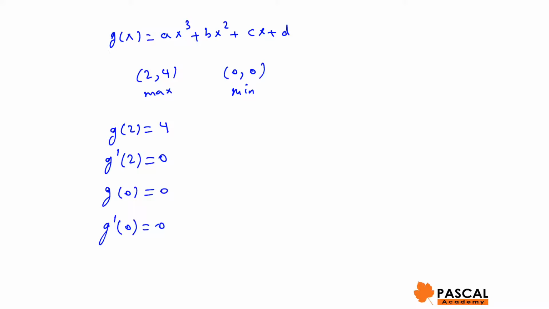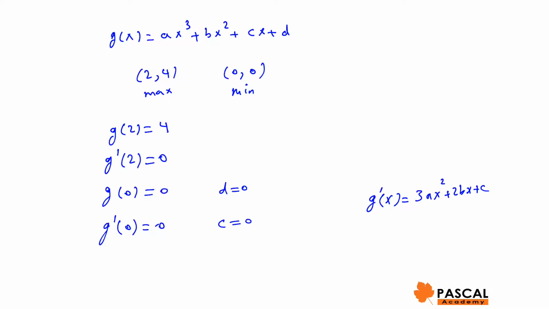From the last two equations, we get c and d equal to 0. The derivative of the function is 3ax2 plus 2bx plus c. From here, d is 0, then c is 0.